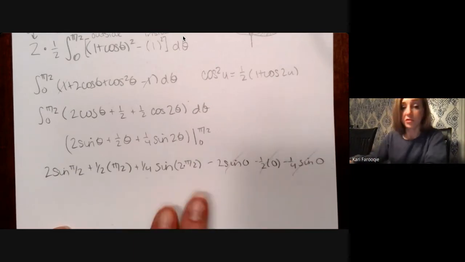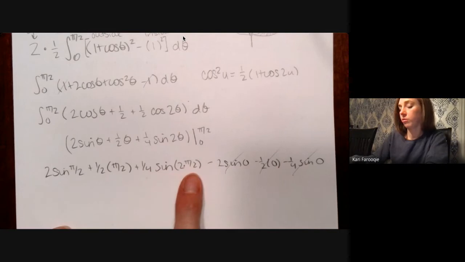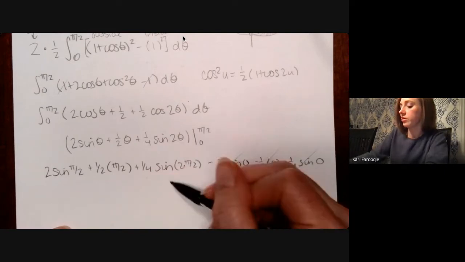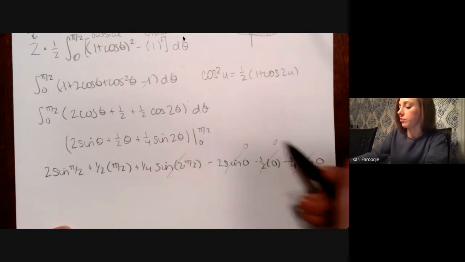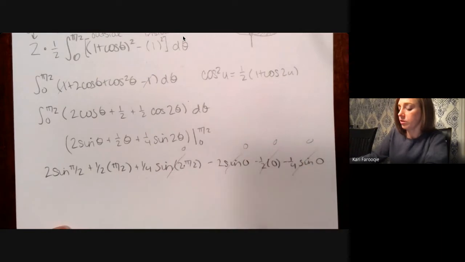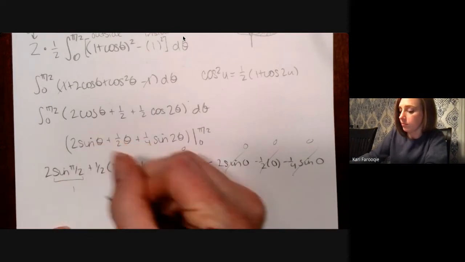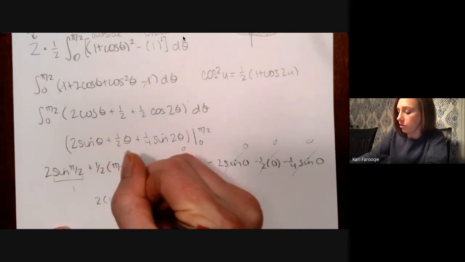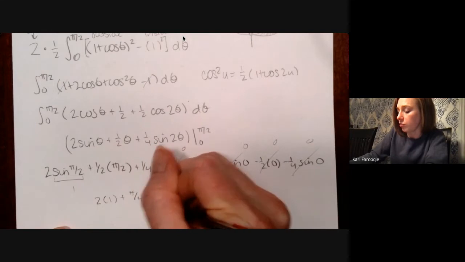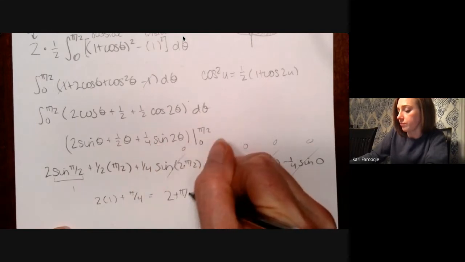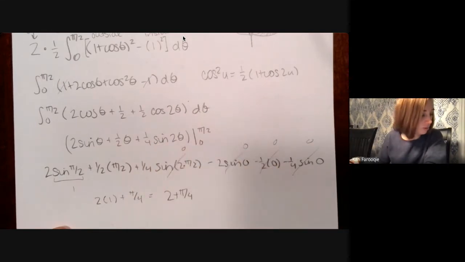And also this one's going to give you 0 because 2 times pi over 2 is pi, and the sine of pi we also know is 0. So the only values we're using here are going to be these two. The sine of pi over 2 is 1. So you're going to have 2 times 1 plus pi over 4. And that just leaves you with 2 plus pi over 4.